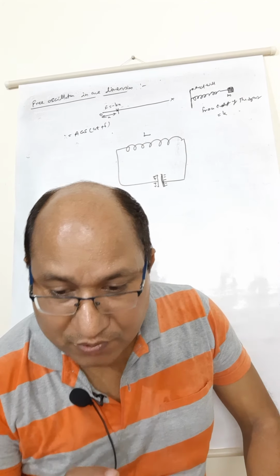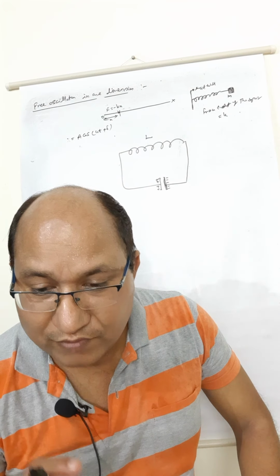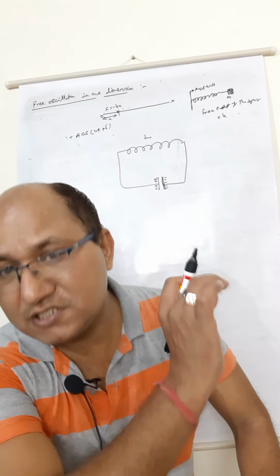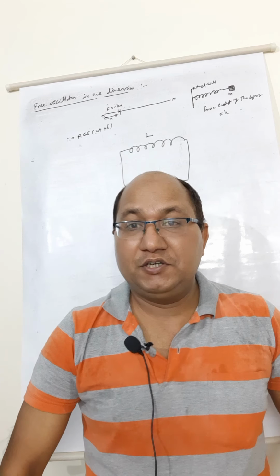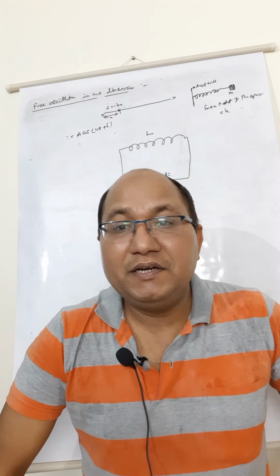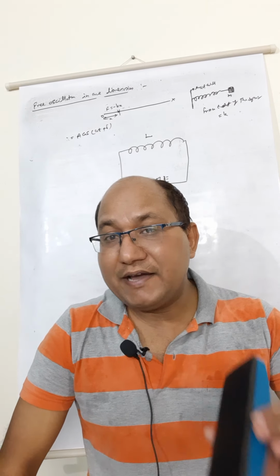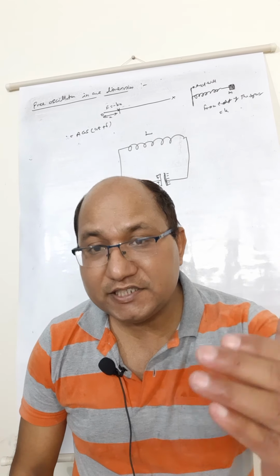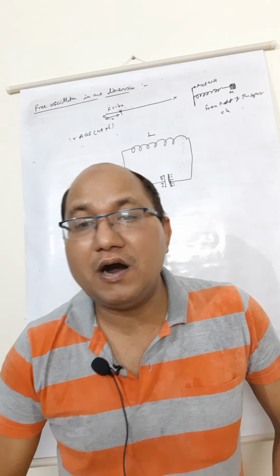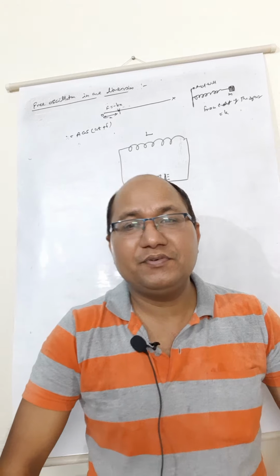When current is built up in a conductor, that is, current goes from its value 0 up to a certain maximum value, during this time, due to current variation, there is a magnetic field due to current, and the magnetic field increases with increase of the current, and a changing magnetic field, you already know, develops an induced EMF.